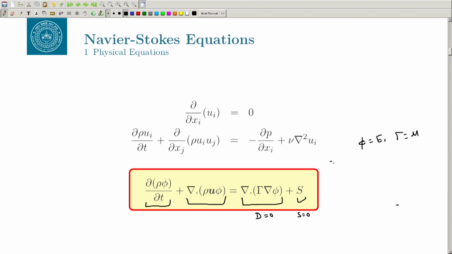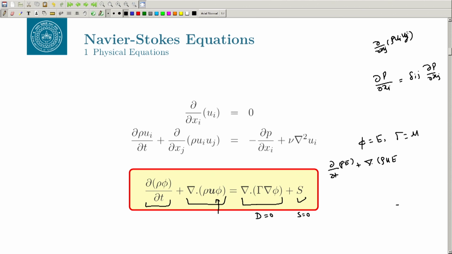How will you do that? The del by del t of rho E plus del dot rho u E. And see, I have not put the pressure gradient term, but that can be absorbed here in phi. As we have discussed, you will have del p by del x i, which can be written as delta i j del p by del x j, and on the left side you have del by del x j of rho u i u j.